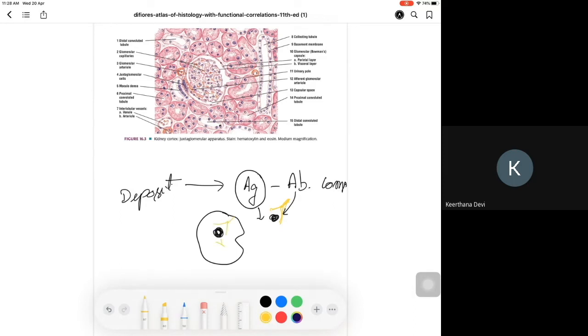The antigen antibody complex is formed in the kidney. The best example is Goodpasture syndrome. We already saw the basement membrane is part of the antigen and the anti-basement membrane antibodies attack it. So this you have to remember. And the deposit is an antigen antibody complex. The antigen can be intrinsic or it can be extrinsic to the kidney. That is very, very important.